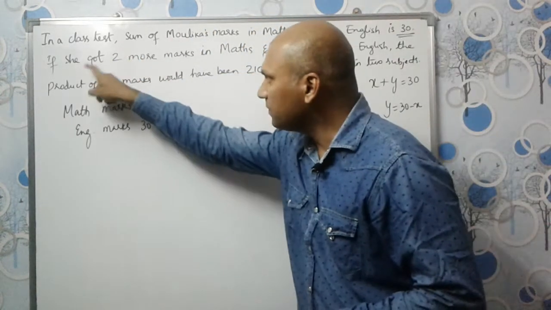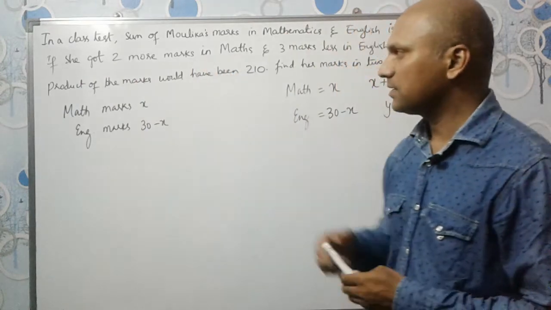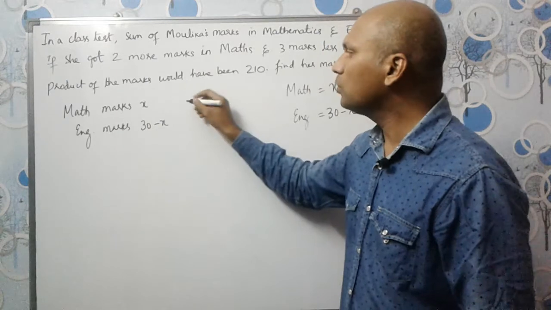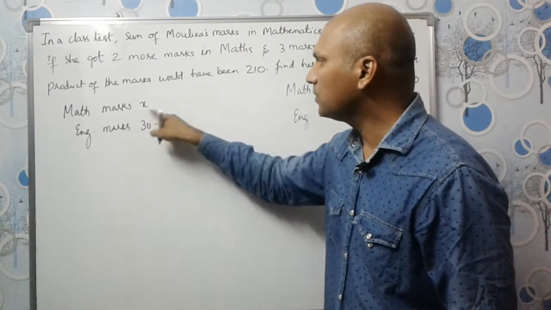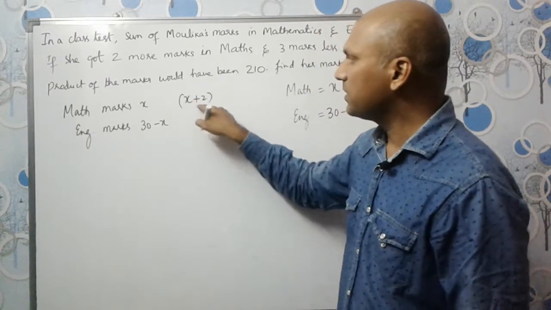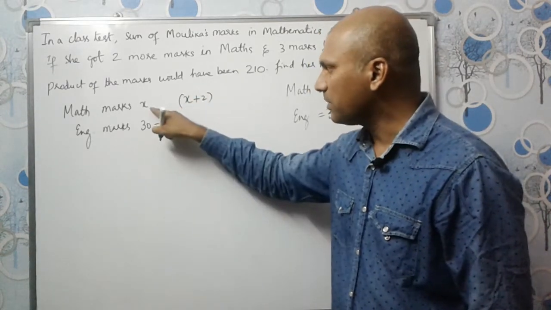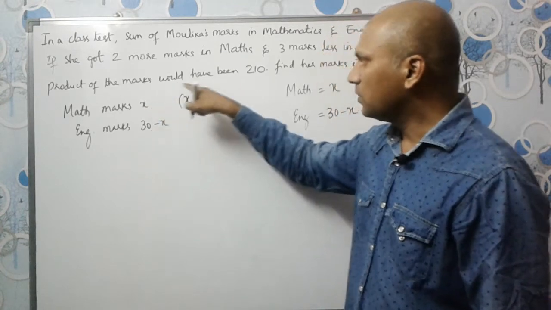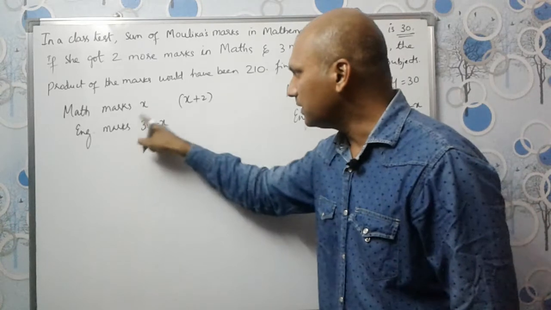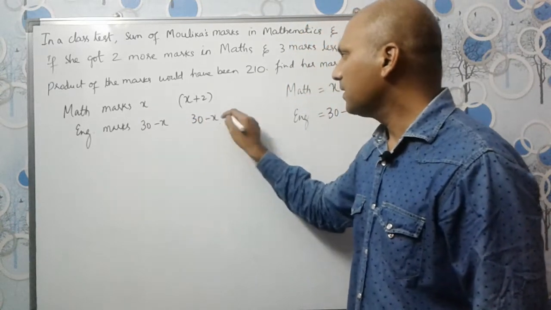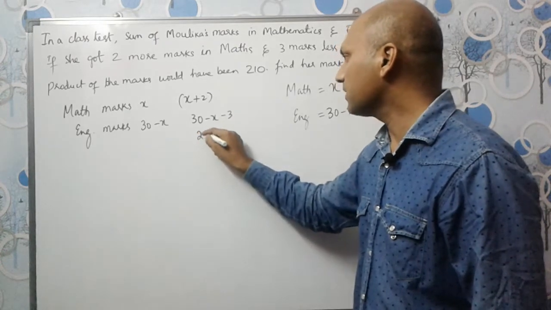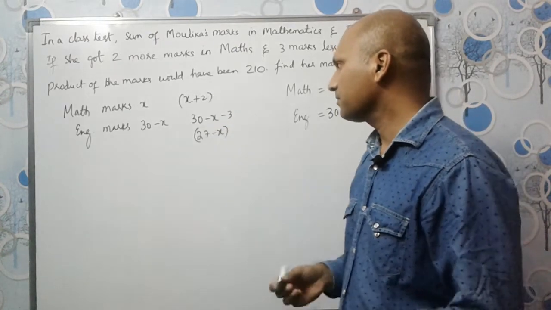Now if she got 2 more marks in maths, she would have got x plus 2 marks. Originally her marks are x in maths, 2 more marks will be x plus 2, and 3 less in English, 30 minus x minus 3. 30 minus 3 is 27, so this is 27 minus x.